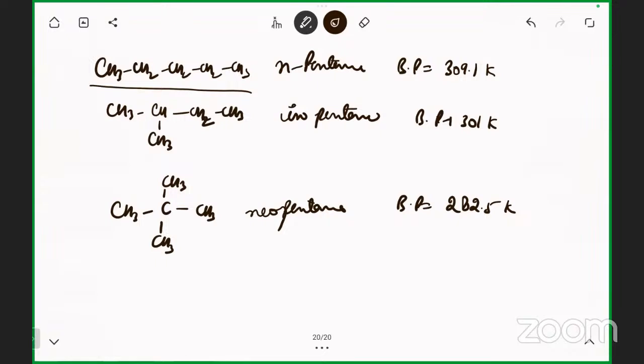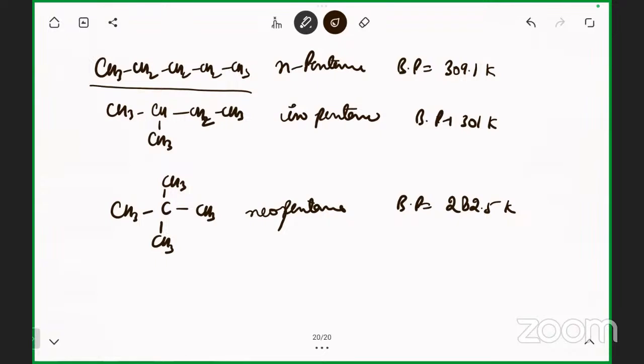If the number of carbon atoms is equal in all the compounds, then see the branching. As the number of side chains increases, branching increases, and the surface area of the compound decreases. As the surface area decreases, van der Waals force of attraction also decreases and the boiling point decreases.